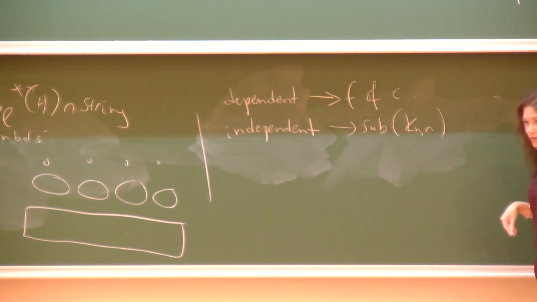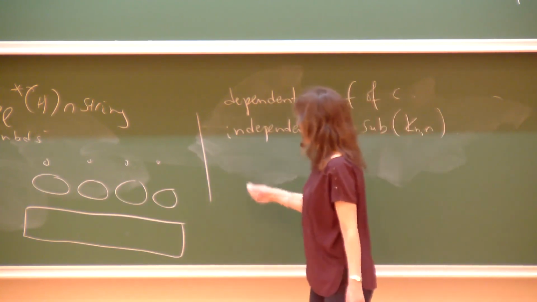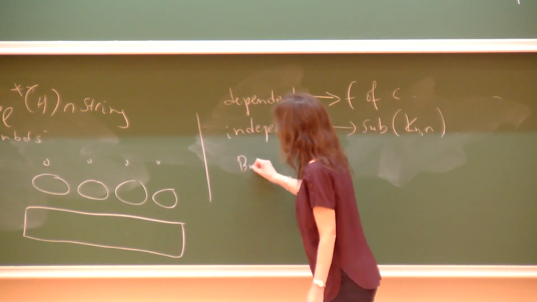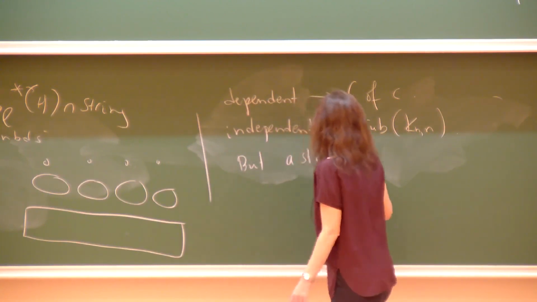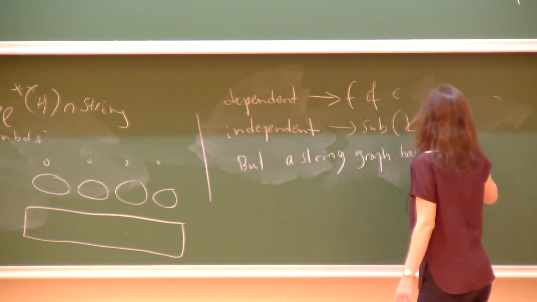But then you also notice that a string graph has no K5 minor.